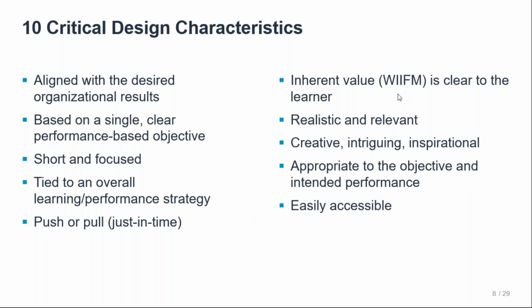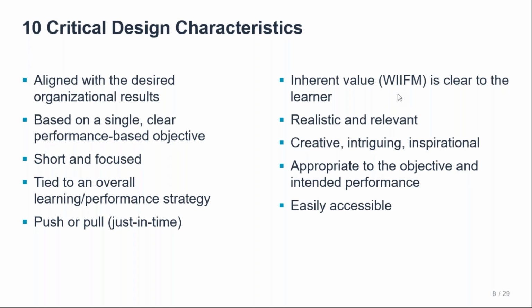And again, microlearning has to make the inherent value, that is the what's in it for me component, very clear to learners. So once they go through the microlearning asset, they should have a very clear idea as to what particular challenge has been solved or what is that key takeaway.